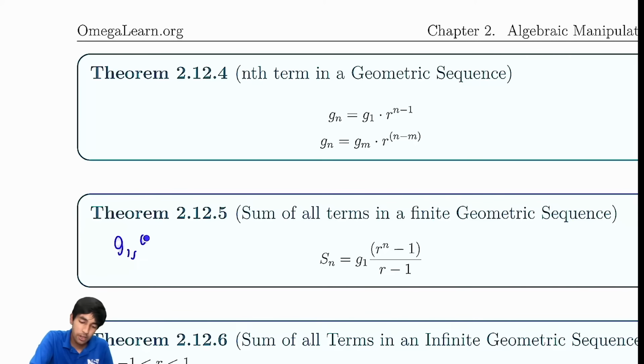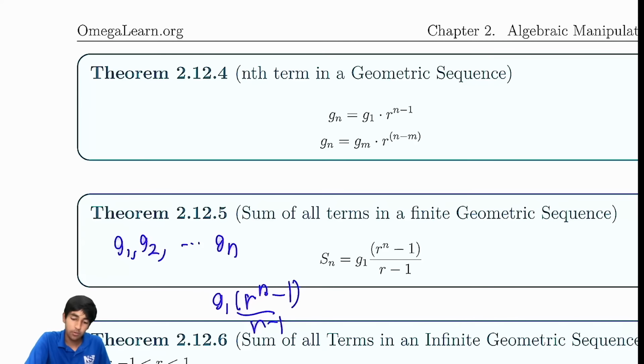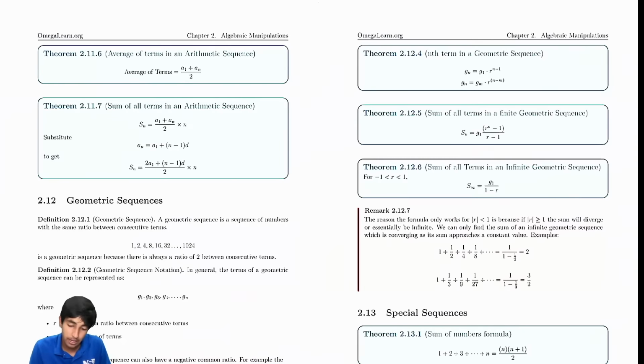You have g1, g2, all the way till gn. The sum is just the first term times r to the n minus 1 over r minus 1, where n is the number of terms. Yeah, be very careful here.